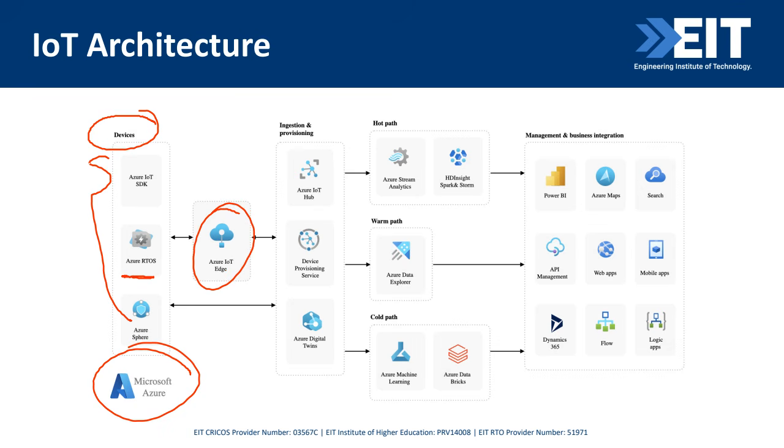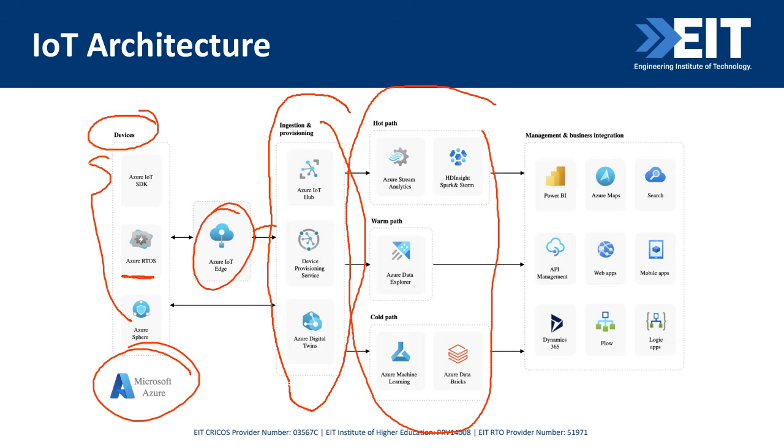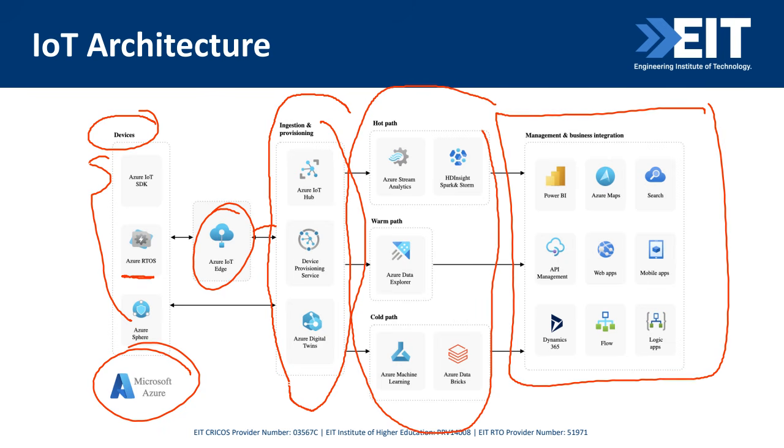They will connect through what's called an IoT edge. This is the kind of gateway that's close to those devices. And after that, you have here data processing, and here are the different paths to connect the gateway to this upper application layer. Now, here in Microsoft, they define things like what's called a hot path, a warm path, or a cold path, depending on how much real time you want these applications.